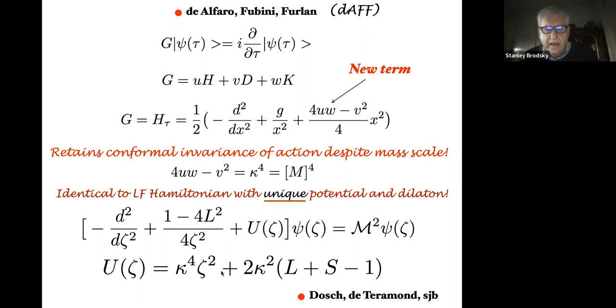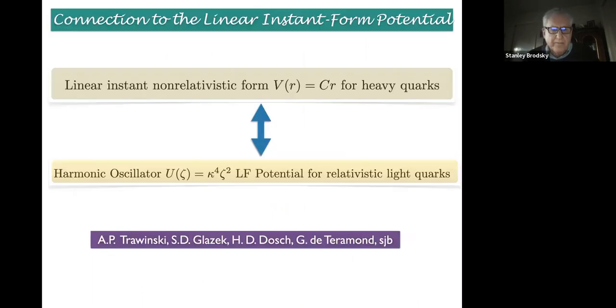And actually you can show this formalism retains the conformal invariance of the action despite the mass scale kappa. Another interesting thing is that this potential, kappa to the fourth zeta squared, which seems new and novel, is color confining. When you take the non-relativistic limit and put heavy quarks in, you immediately get a constant times R, with the right constant to fix the quarkonium spectroscopy.